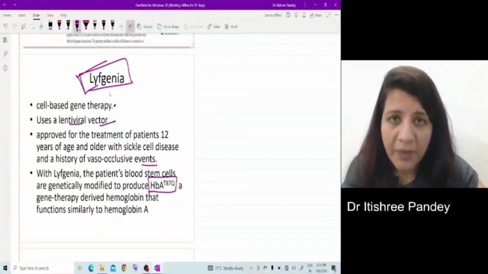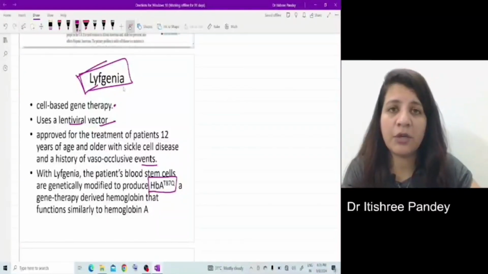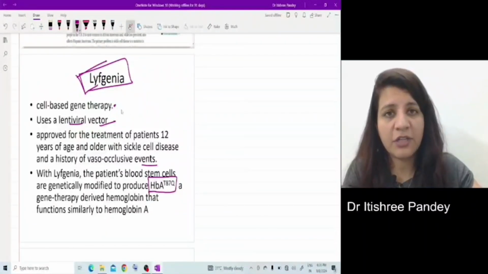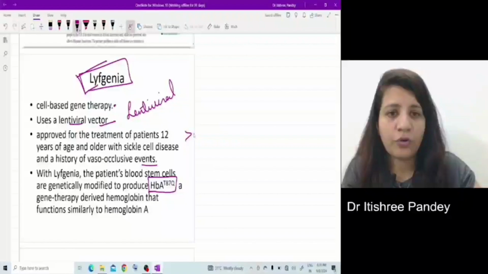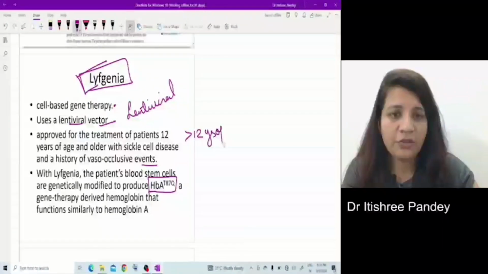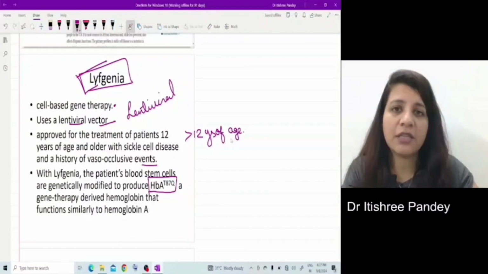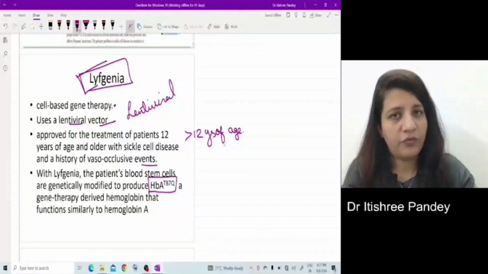It is a cell-based gene therapy, and every gene therapy requires a vector, and the vector here is a lentiviral vector. It is approved for patients more than 12 years of age who are diagnosed with sickle cell disease and have episodes of vaso-occlusive crisis.